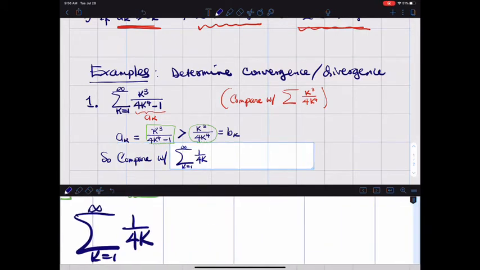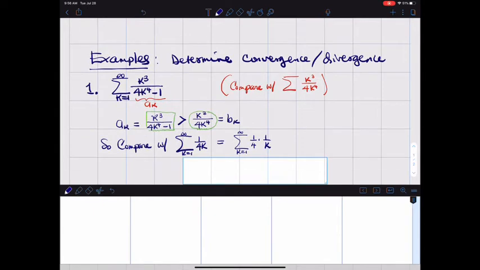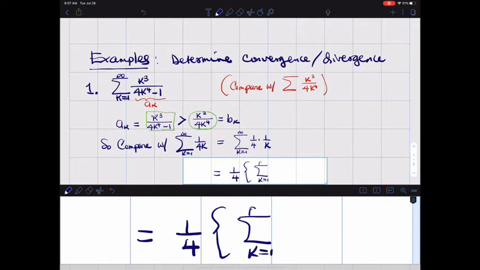Think of it as 1 over 4 times 1 over k. But this is a summation, so we can factor out 1 over 4 from each of the terms. So I get 1 over 4 times the summation k from 1 to infinity of 1 over k.